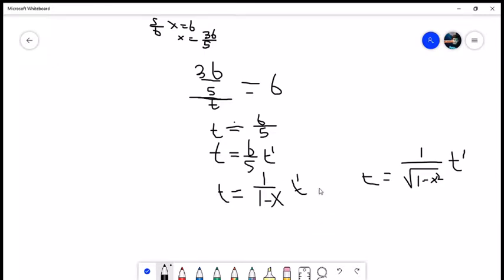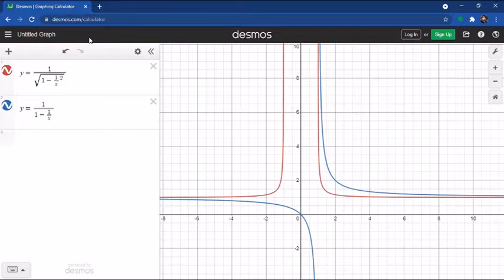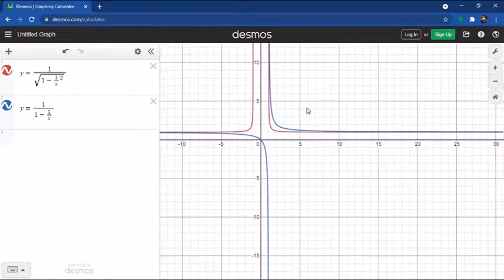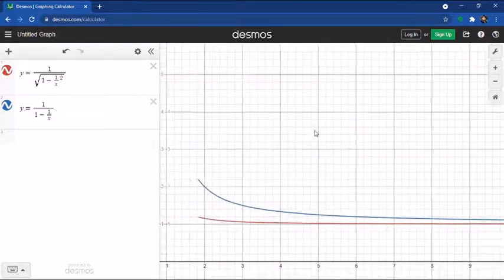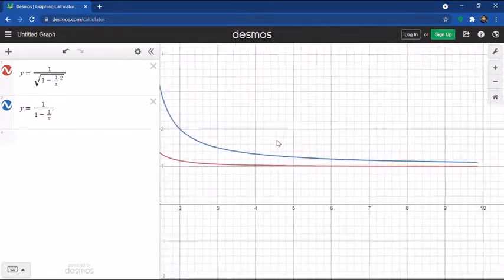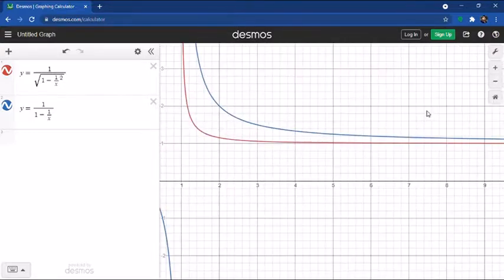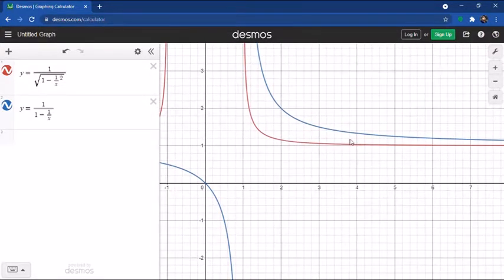And yeah, okay, I graphed these two formulas on Desmos, the graphing calculator, and you can see that they're very close together when x is small, and they only get far apart as x approaches 1.